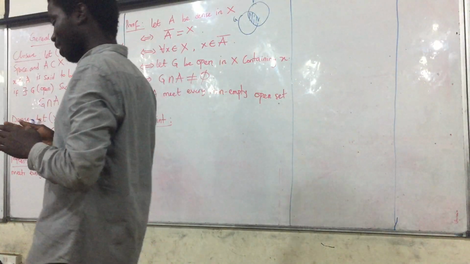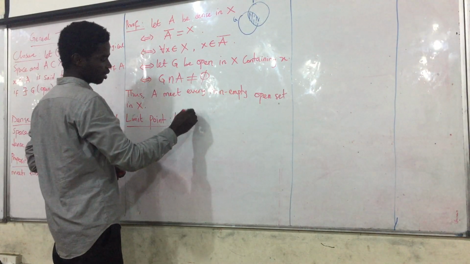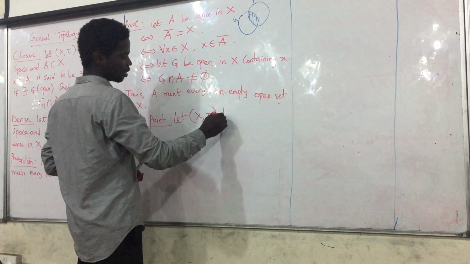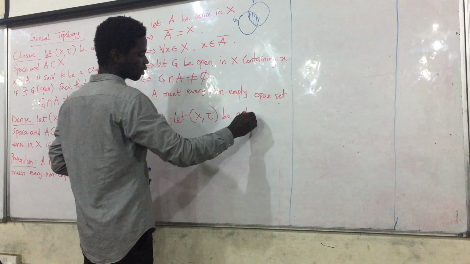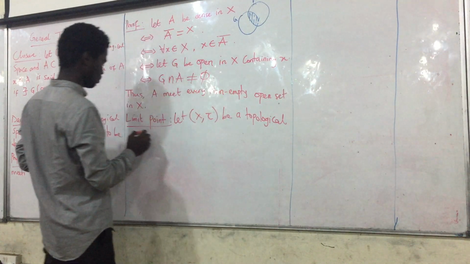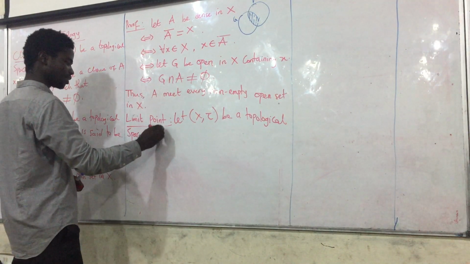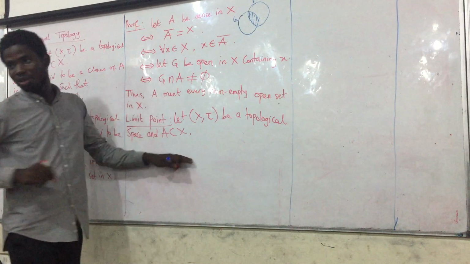The next thing we want to define is limit point. Again, let S be a topological space, and let A be a subset of the space.